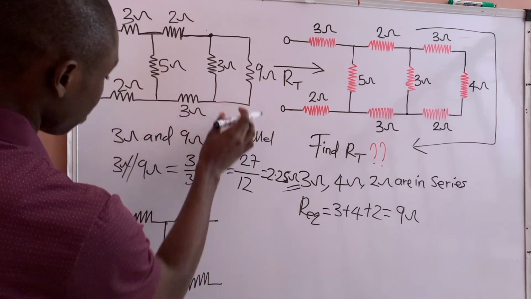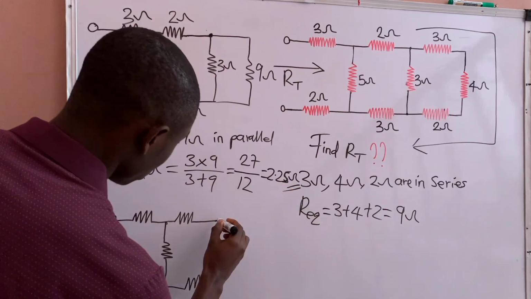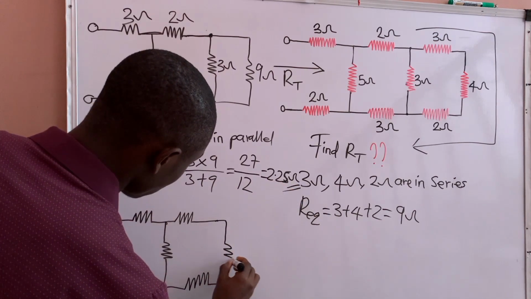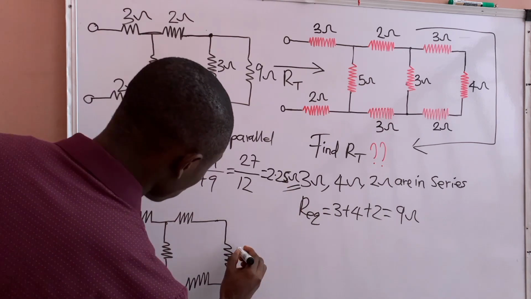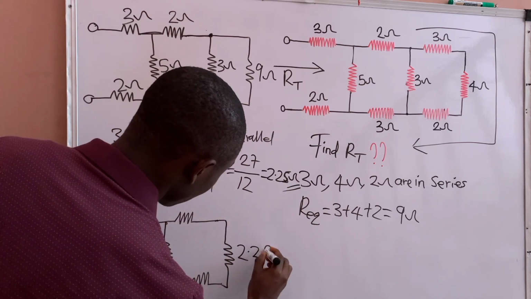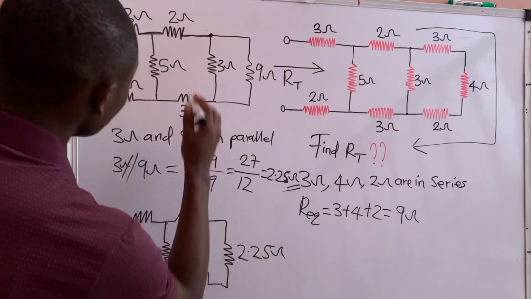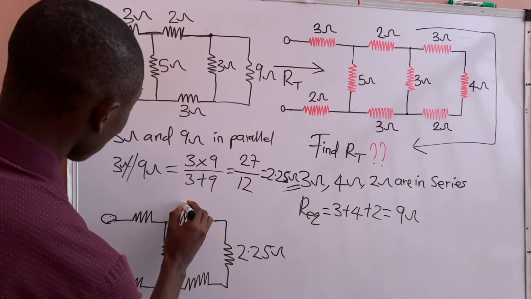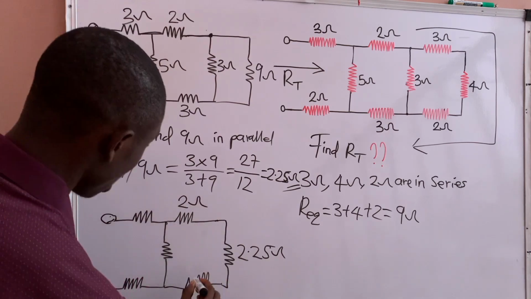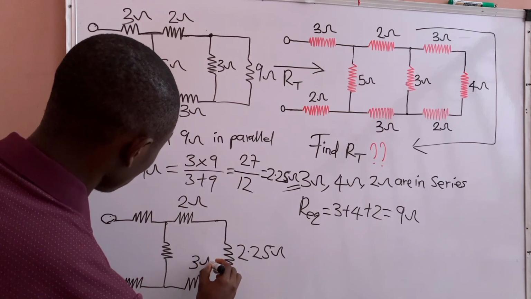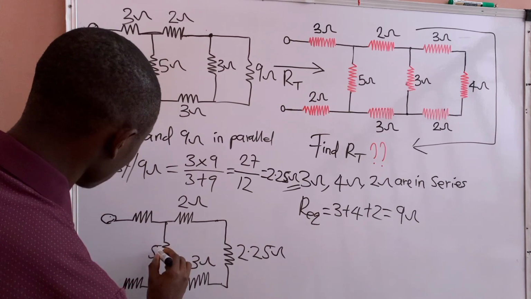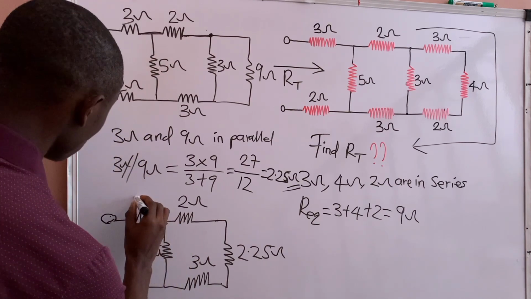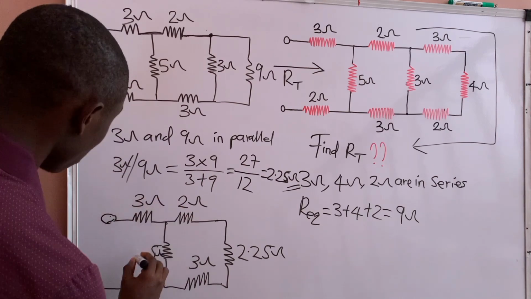Since these 2 are in parallel, which is what we just calculated here, it will be in this form. So it will be 2.25 ohms. This will be 2 ohms. Here will be 3 ohms. Here will be 5 ohms. This will be 3 ohms.